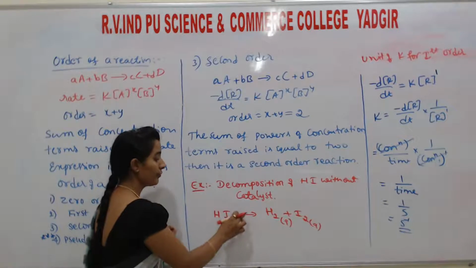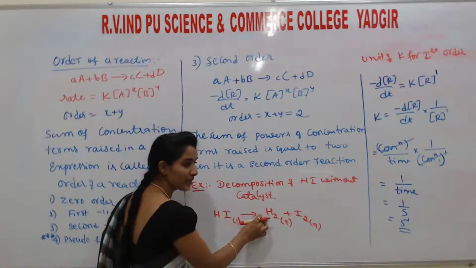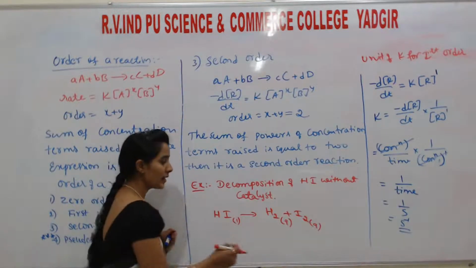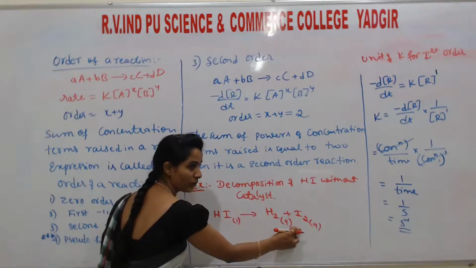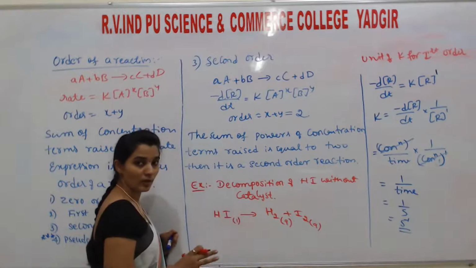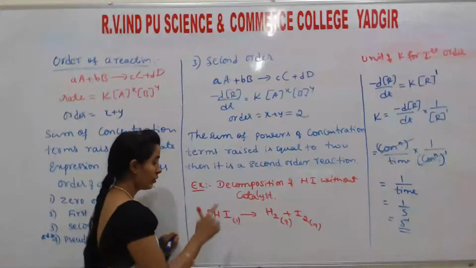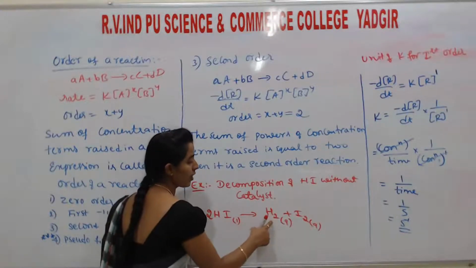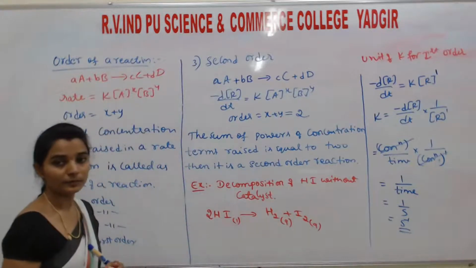So here we are not using any catalyst, means we don't have any surface area to adsorb the H2 and I2 gas. So to balance this, if HI is there, then it is half H2, half I2. That is not stable. So without catalyst, this is not possible. That's why we require 2 moles of HI, which decomposes without catalyst to form H2 and I2, then these become stable.